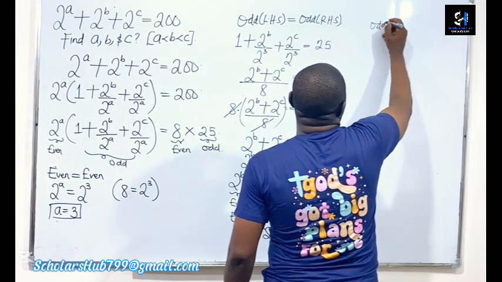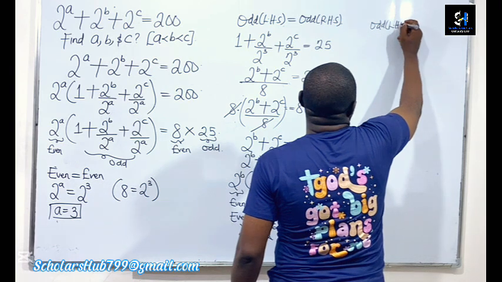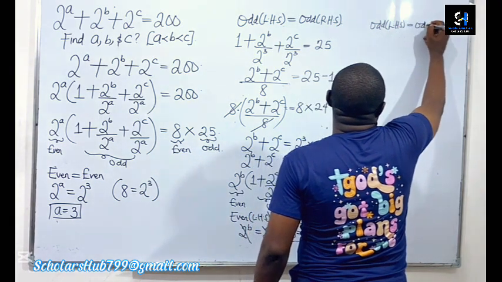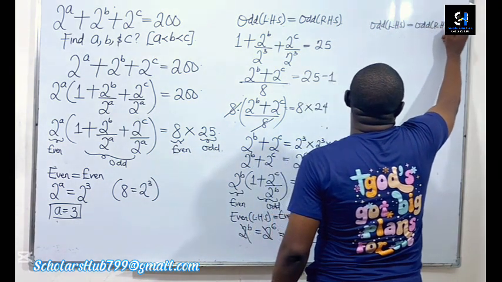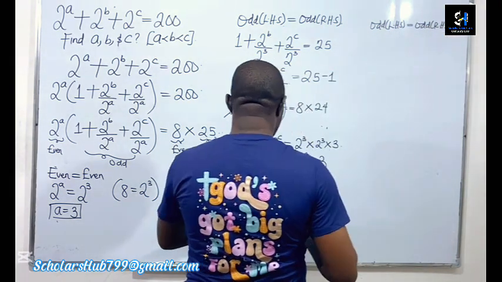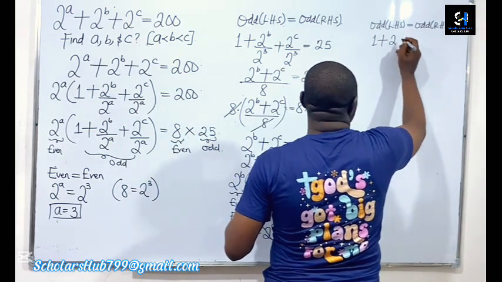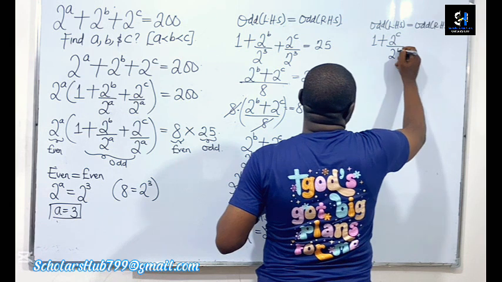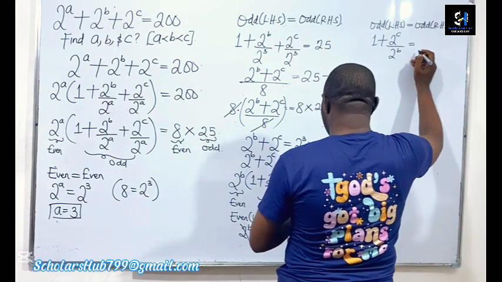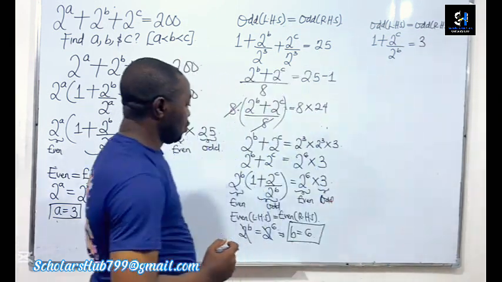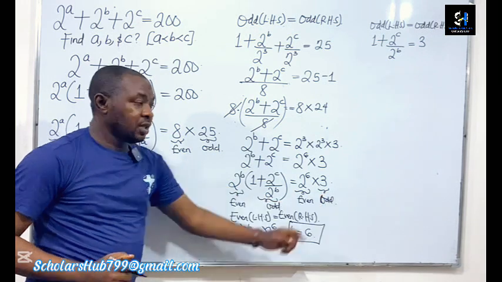So again, I'm going to equate odd on the left hand side with odd on the right hand side. So on the left hand side is 1 plus 2 raised to the power of c divided by 2 raised to the power of b equals to 3.